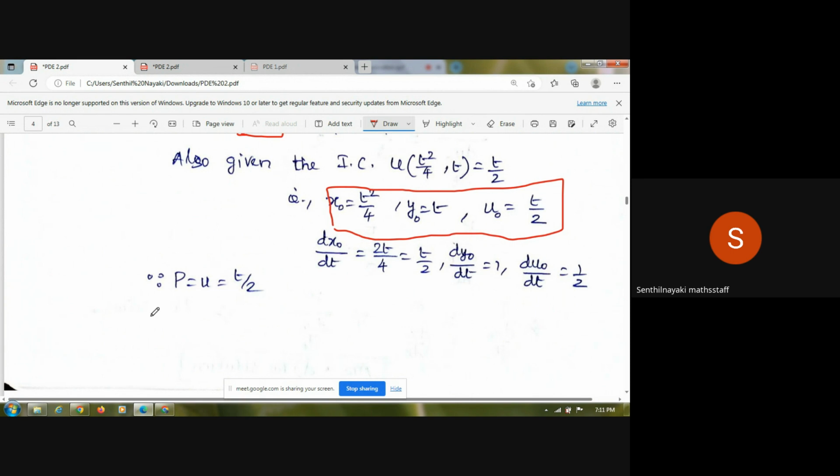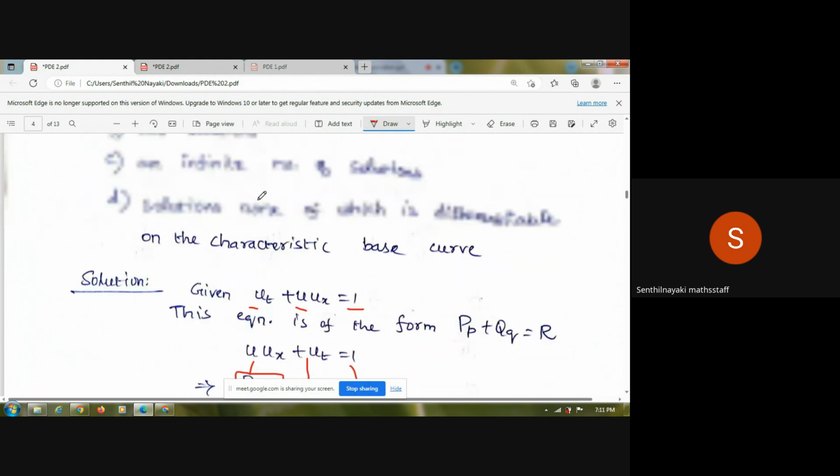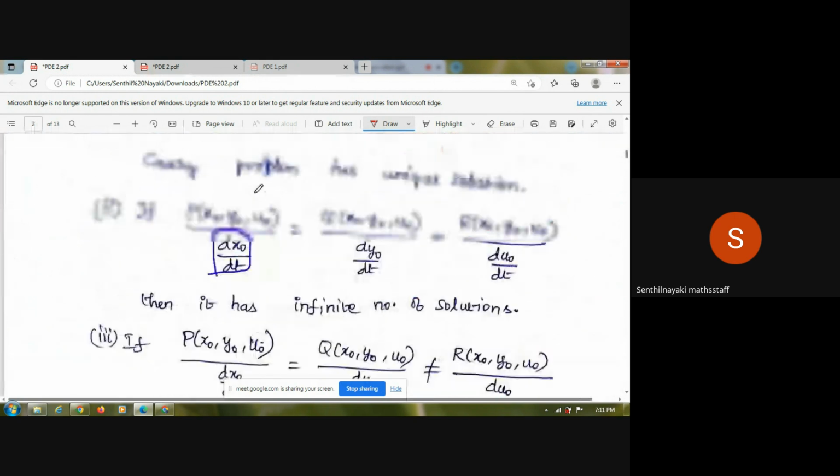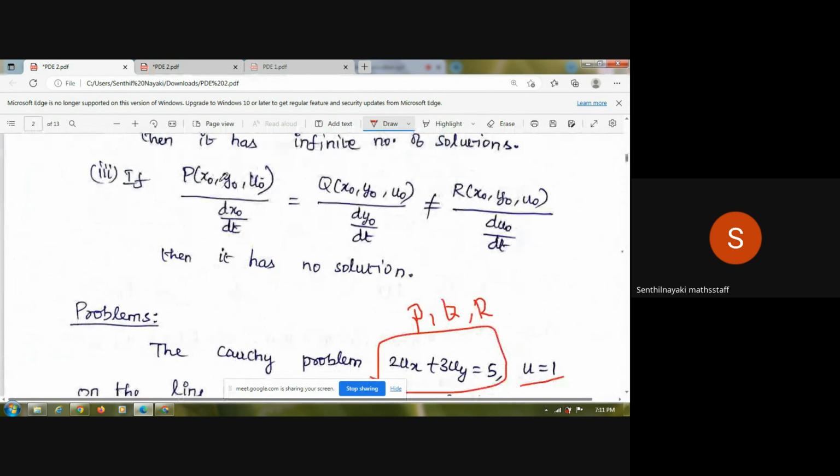So you have to understand one thing. Once you write the parametric form, you have to change all the P, Q, R, x naught, y naught, and u naught values into the parametric form, just to go through the ratio. So here you can see this is P of x naught, y naught, u naught, Q of x naught, y naught, u naught.